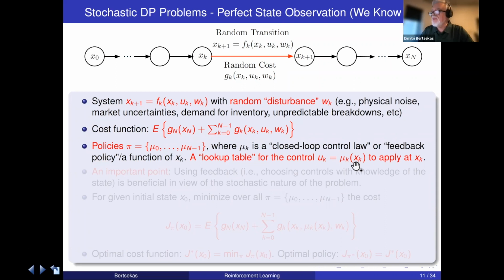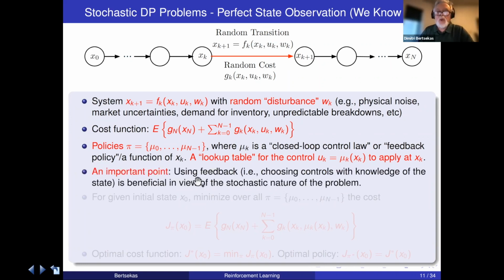Another table for stage k plus 1. If you land at xk plus 1, you are going to use mu k plus 1 of xk plus 1. There are these n tables that characterize this feedback policy for closed loop control. We're going to be calling it policy.